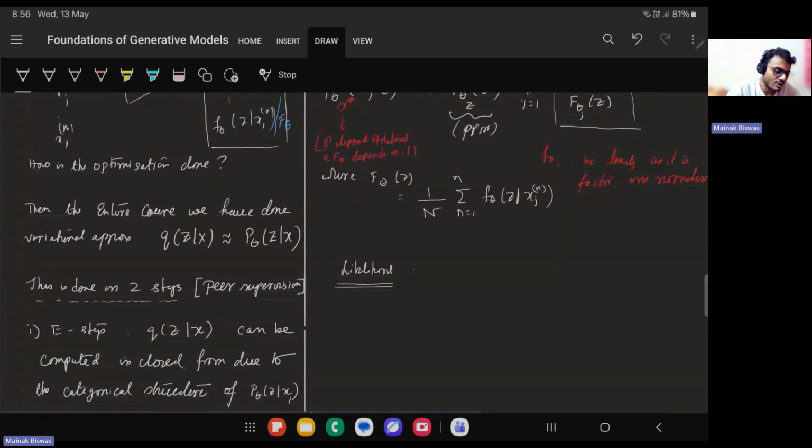So how will we do the likelihood? Say we are not assuming anything for this. I'll come to the specifics of the cases, and you can say this is my z, p theta, and it's for a new sample x. So you will compute the likelihood as the integral of p theta of x comma z dz, right?